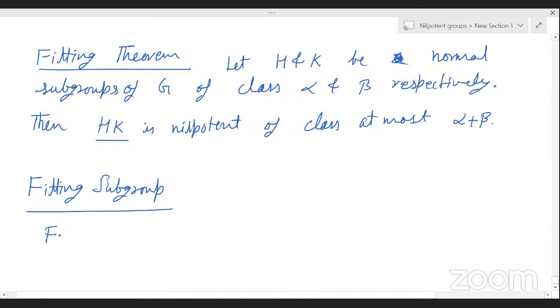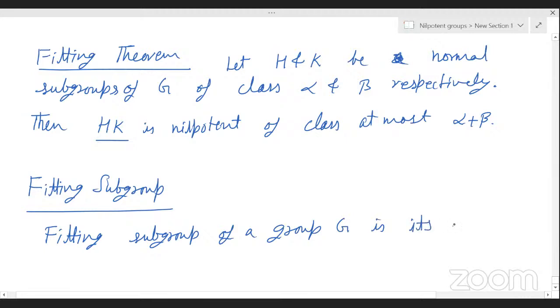So the Fitting subgroup of a group G is its largest nilpotent normal subgroup.